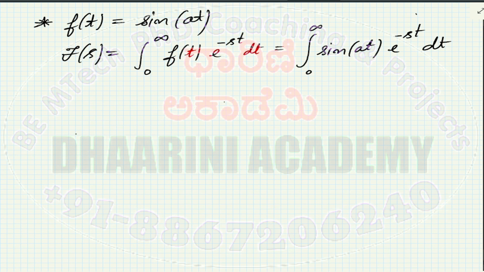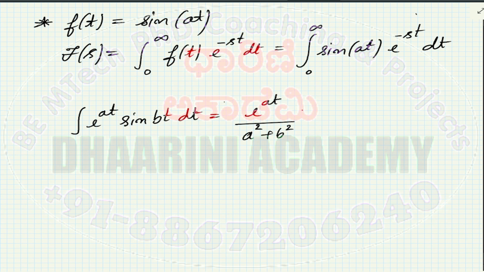That is, if you have an integral e to the at sine bt dt, if it is in the following format, then the solution we have is e to the at all divided by a square plus b square into a sine bt minus b cos bt.